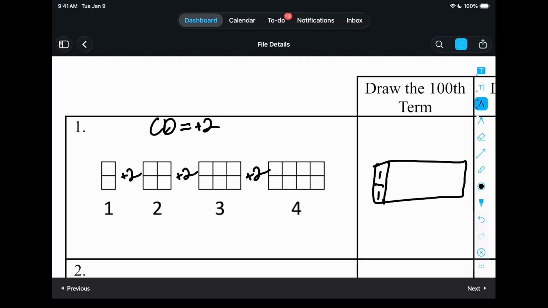And then the other would be 99 rows. Because if it's the 100th term, and I count this as row 0, then these are rows 1 to 99.